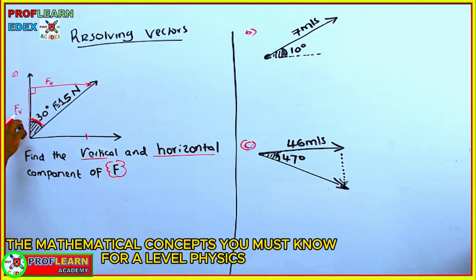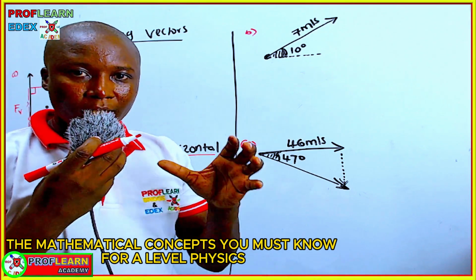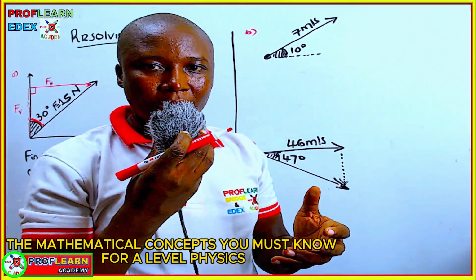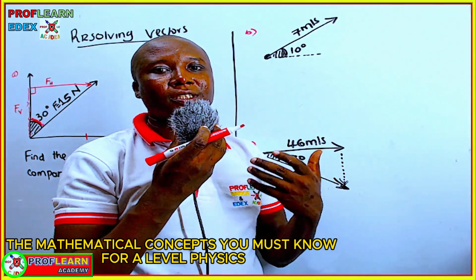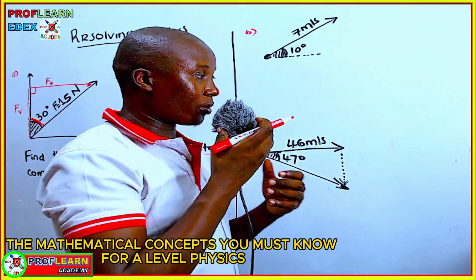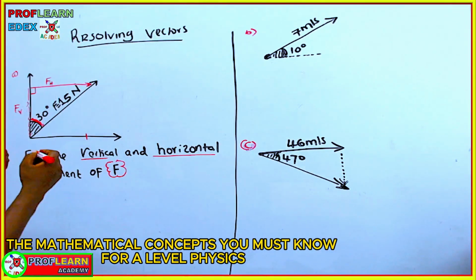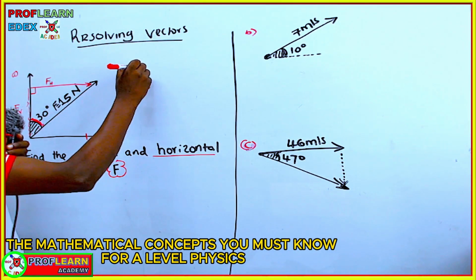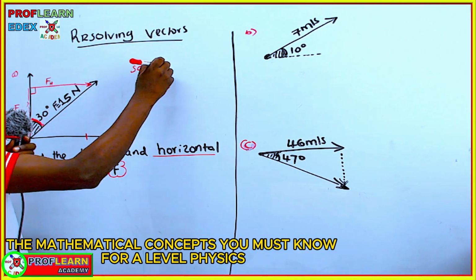So the vertical component that we are having at this point is actually adjacent to this angle. Always try to ask yourself, is the component that you are working out adjacent or opposite to the angle that you are finding? In this case, of course, we are going to use SOHCAHTOA.